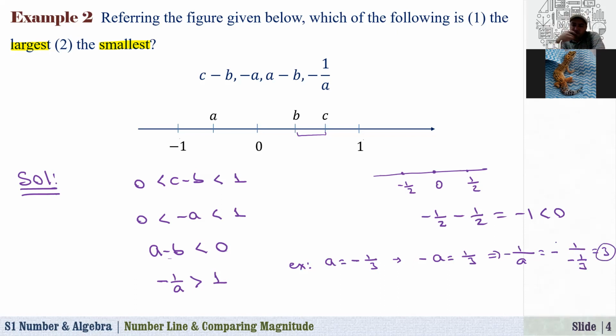The result is 3, which is greater than 1. In general, if you divide 1 by any number between 0 and 1, the result is greater than 1.